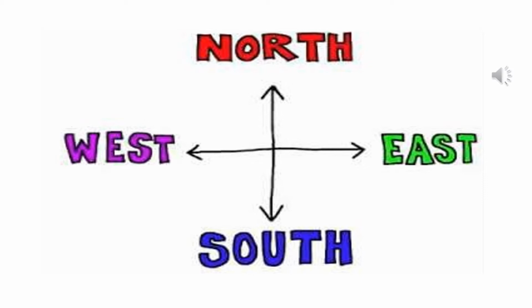North, south, east and west, up and down, right and left. North is up, south is down, east is right, west is left.